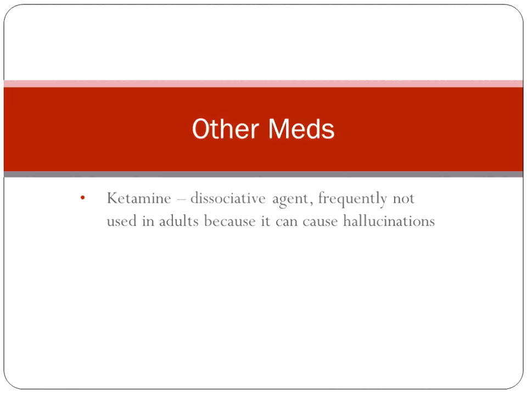Other medications of value worth mentioning: one dissociative agent is ketamine. It is possible that you have heard of the vitamin K parties. Ketamine is not frequently used with adults because it has a tendency of causing hallucinations.